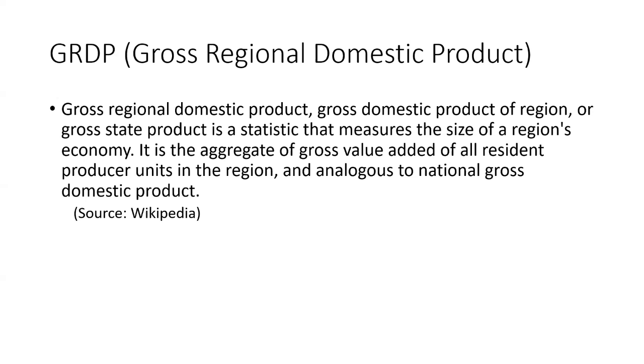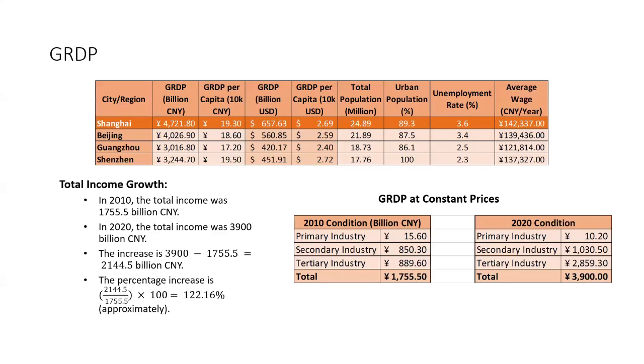It's the aggregate of gross value added of all resident producer units in the region and analogous to national gross domestic product. And here is the GRDP of Shanghai, Beijing, Guangzhou, and Shenzhen.